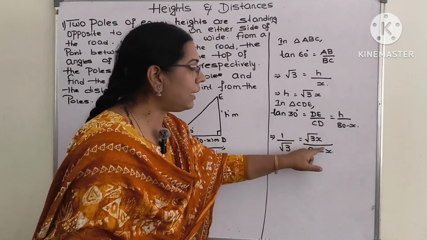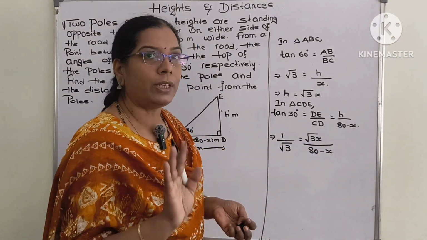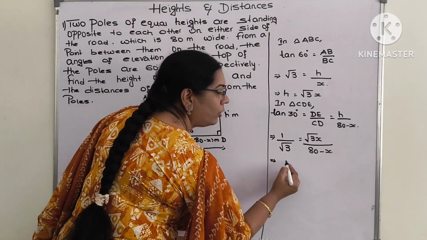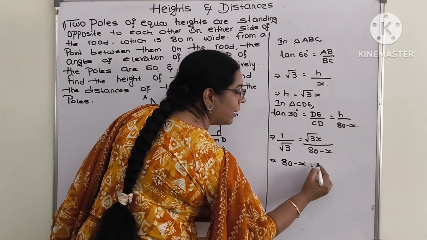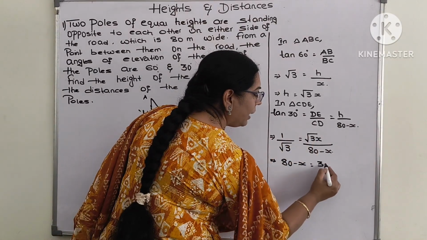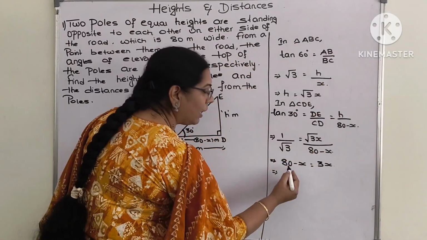Now do not cancel x and x. I know students, you will be tempted to cancel, but no, it's a wrong move. First do the cross multiplication. When you do the cross multiplication, you will get 80 minus x is equal to root 3 into root 3 x, which is 3x. Then get minus x to the other side.